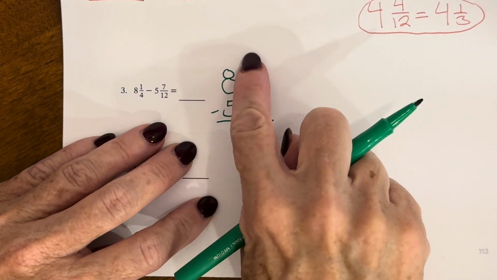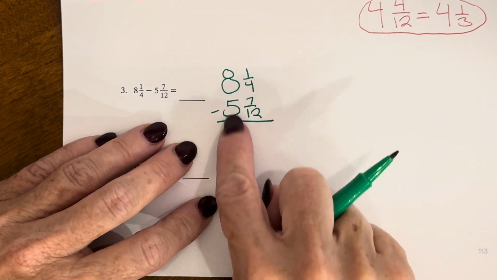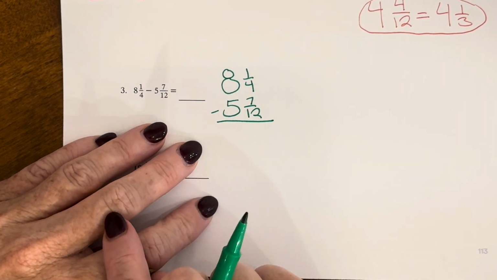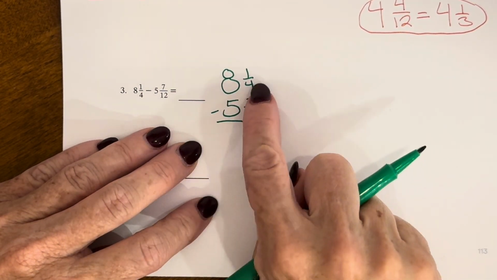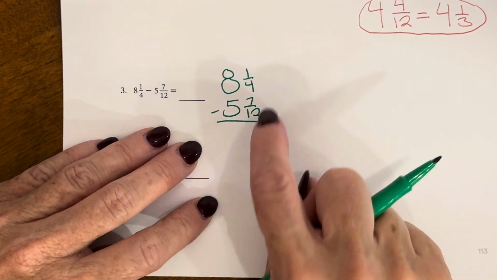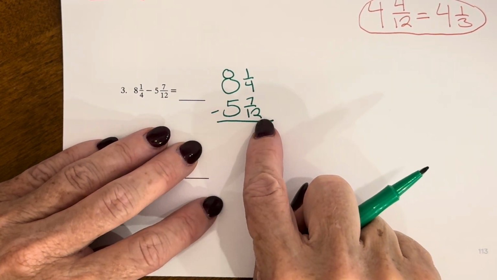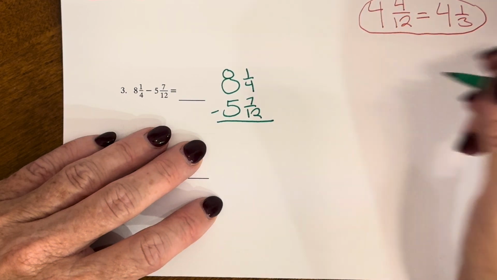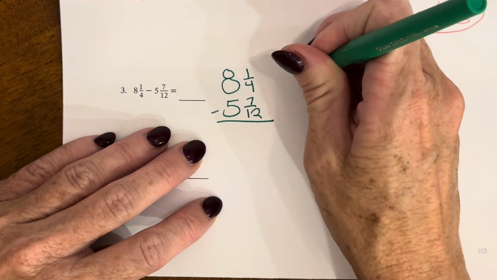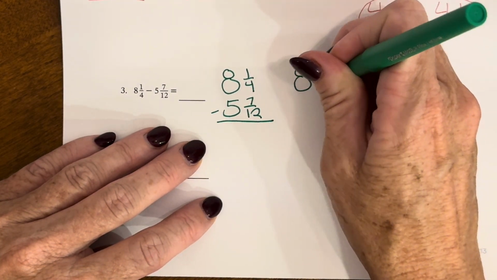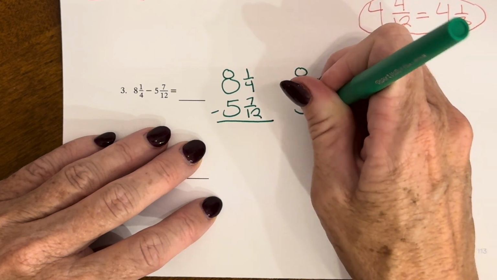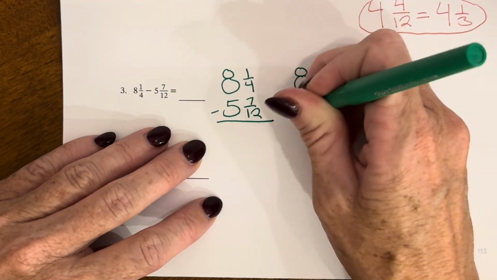Okay, so I lined up my fractions, I lined up my whole numbers, and I see that they have different denominators. But I also see that 4 fits perfectly into 12, so that's going to be my new denominator. So I'm going to set up my whole problem with a 12 as my new denominator.